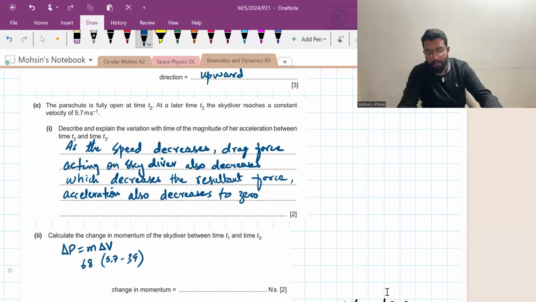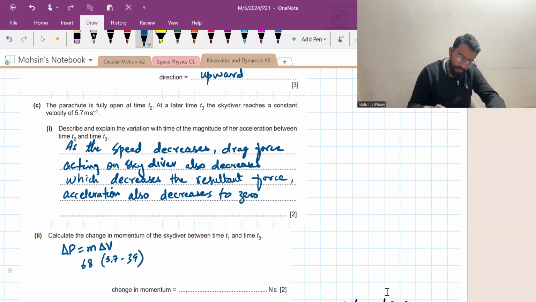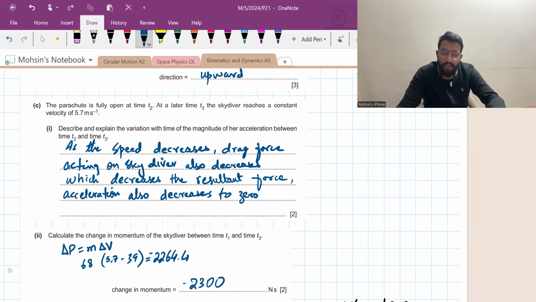If I multiply, 68 multiplied by 5.7 minus 39, it is 2264.4. So 2300 would be the right answer here, negative. So this is the change in momentum. I hope it's clear.